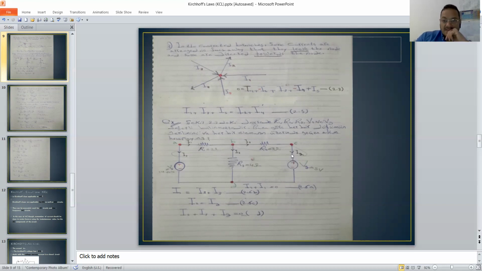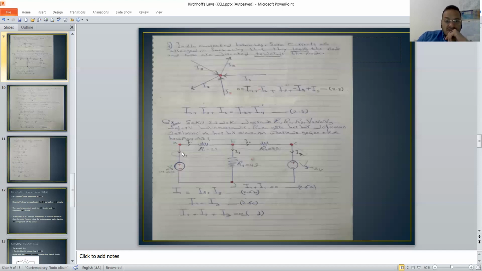Let's determine the VB equation. After we determine the VB equation, we will calculate the results of I1, I2, I3. VB, the voltage at point B, will be very important to calculate the other current results.